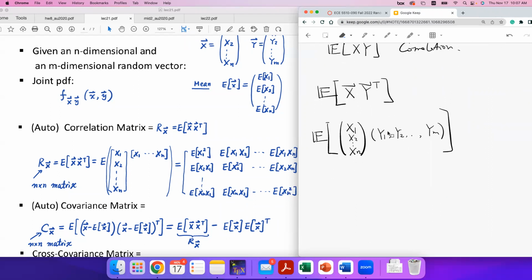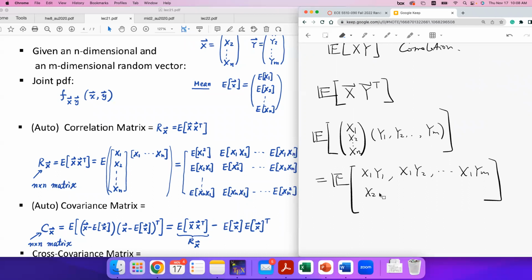Now this is a column times a row, so it becomes a matrix by matrix multiplication. So this matrix is X1Y1, X1Y2, up to X1Ym. Just see it's a pointwise product for all the pairs of these different Xs and Ys.